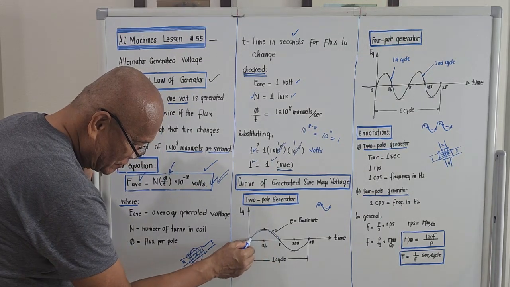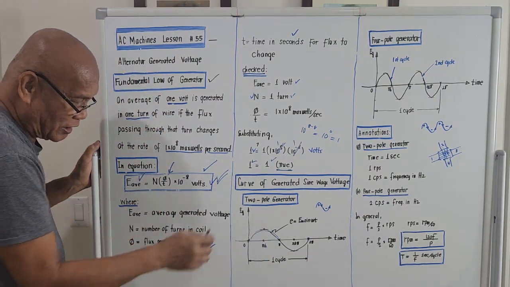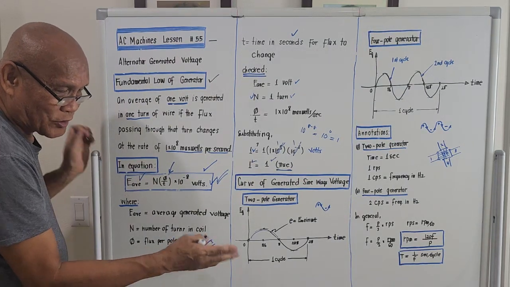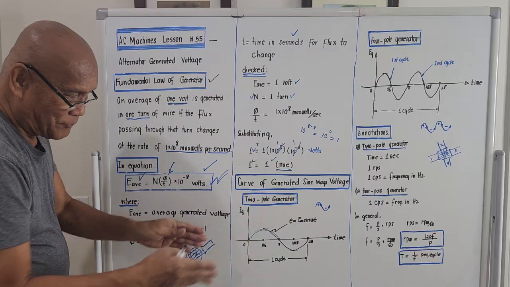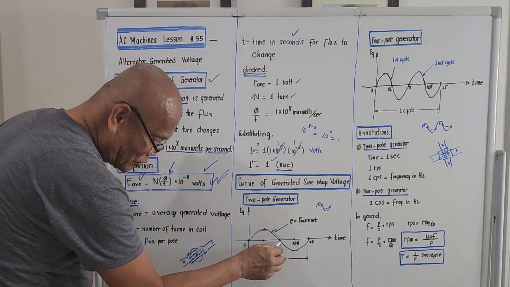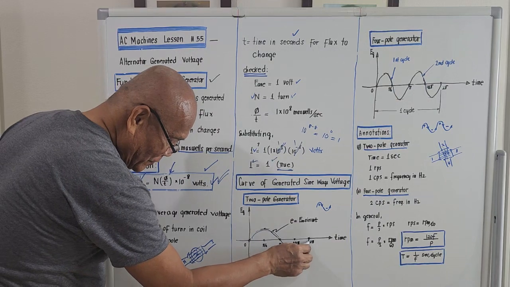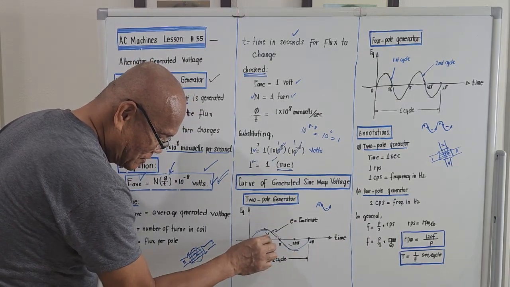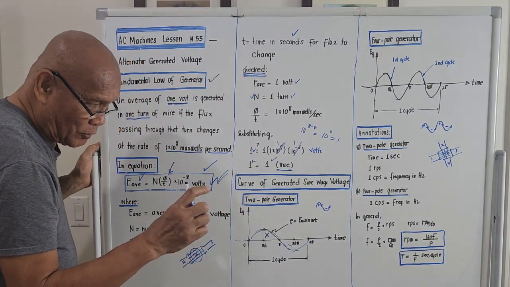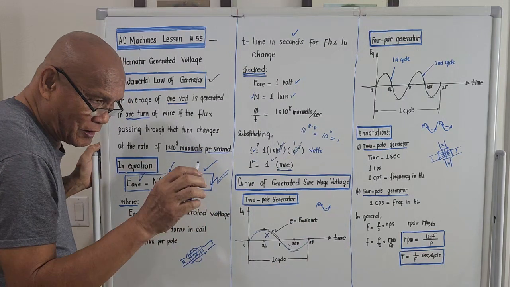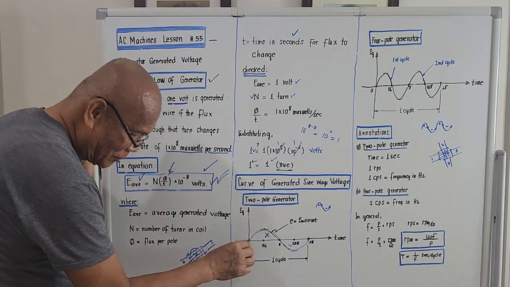As the conductor reaches the south pole, the direction of the flux is different, so it will again generate a voltage, this one here, but the polarity is negative and this is positive. So for a two-pole generator, one complete revolution, the graph of the generated voltage will be this one.